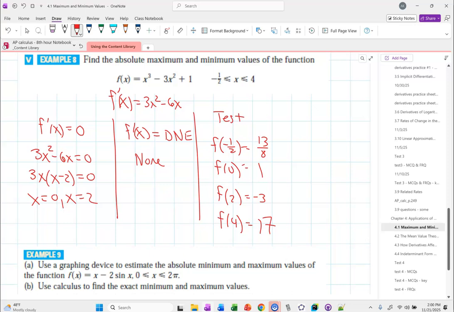Oh, that's going to be minus 3/4, right? Because the squared kills the negative sign. So 1 plus negative 3/4 is 1/4, minus 1/8 is 1/8.